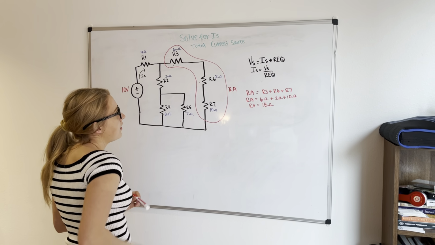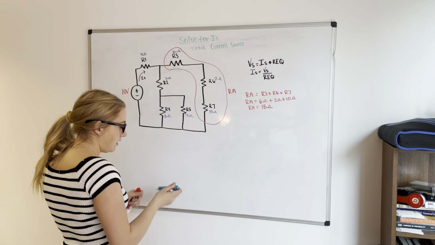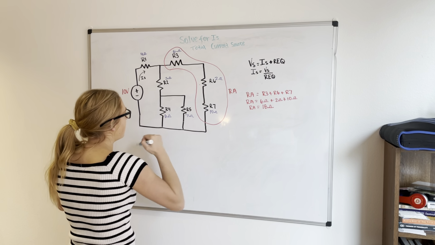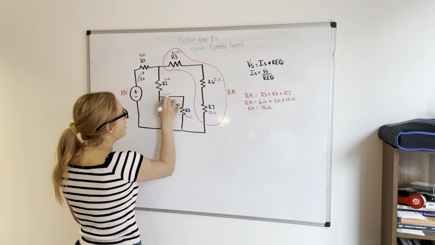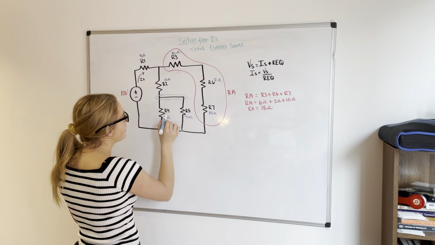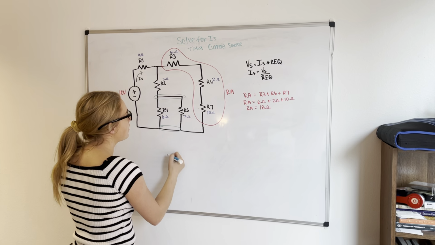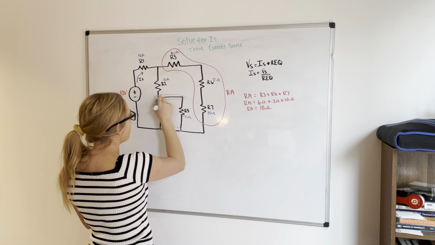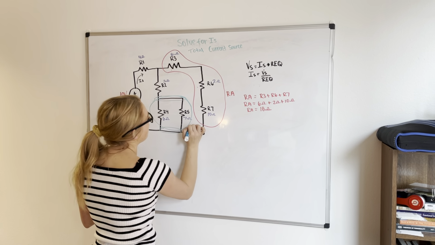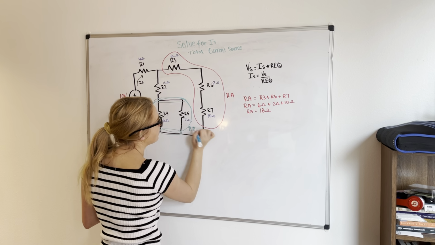And now I'm just going to put these together because you can see here there's a node here and a node here. And so they share the same nodes, so they're parallel. So I'll just label this RB.